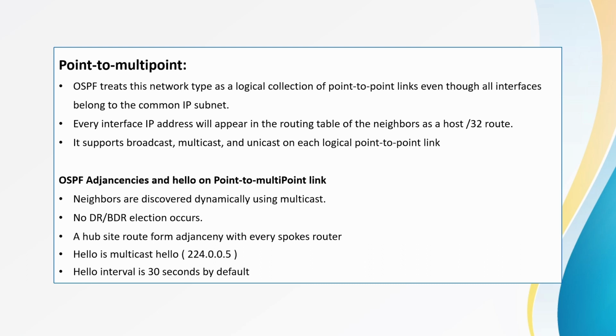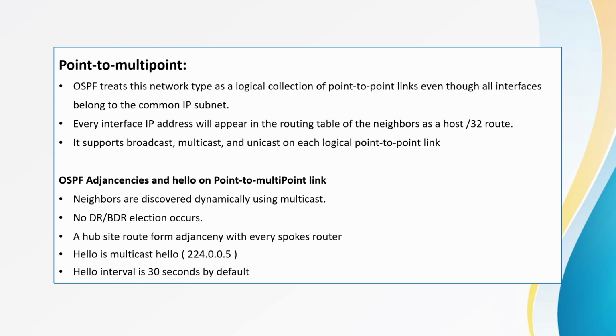OSPF adjacency and hello on the multipoint link. Neighbors are discovered dynamically using multicast. No DR and BDR election occurs since they treat this as a logical point-to-point link. A hub-side router forms the adjacency with every spoke router.